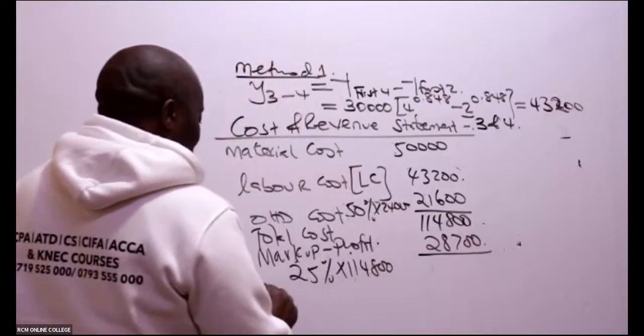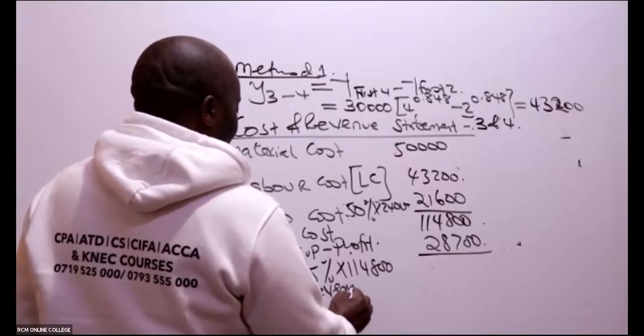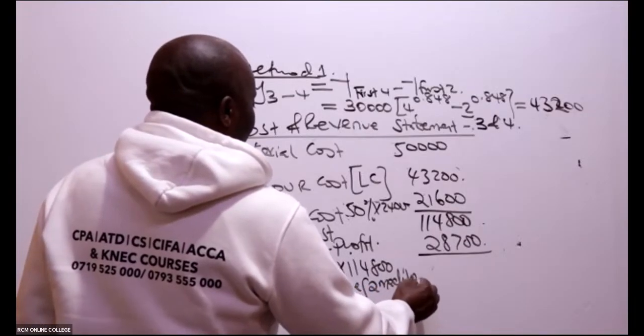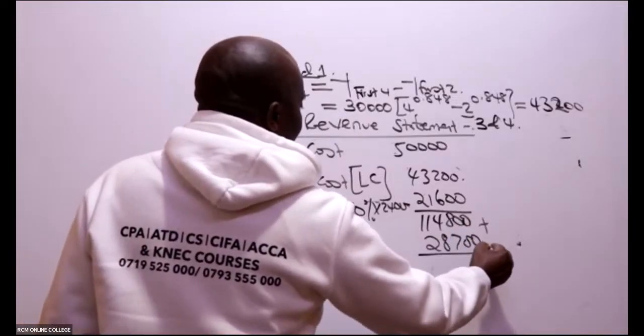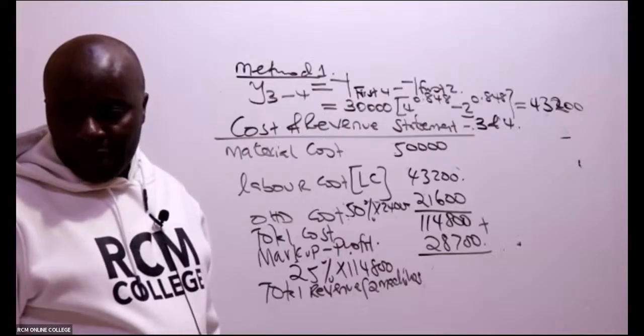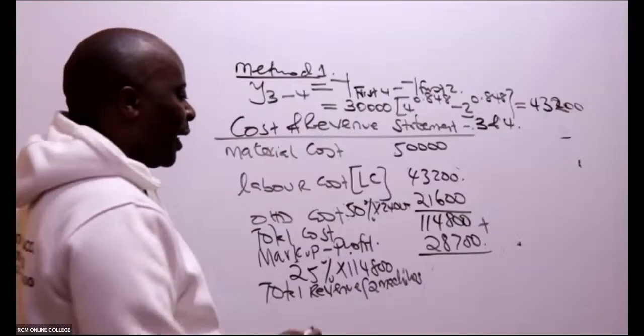Give us the total revenue for 2 machines. You take this plus this. Give us an answer. 143,500.